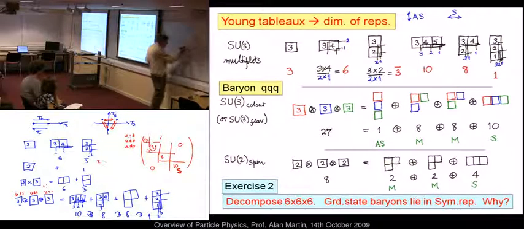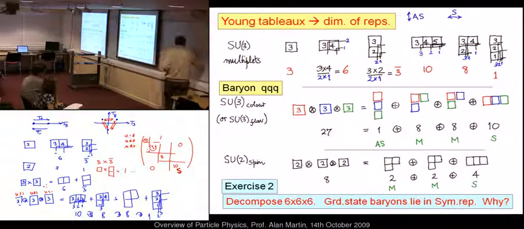If I did 3 times 3 bar, I could put the 2 boxes like this, or I could put the 3 boxes under each other. In this situation, you're going to have 9 states. This will produce 8, I hope, and this will produce 1, because you've got to use the hook rule.